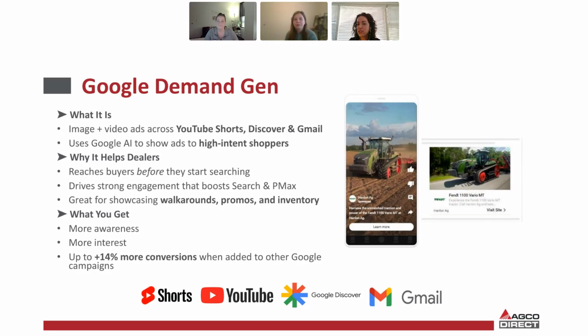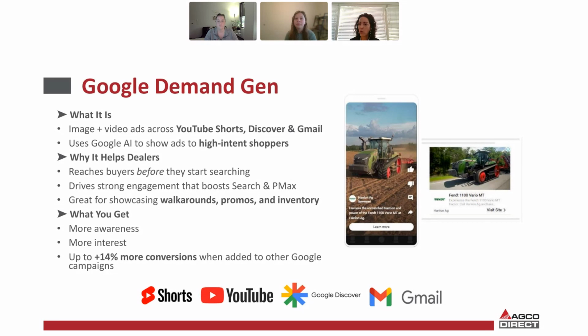It's image and video ads across YouTube Shorts, Discover, and Gmail. It's kind of similar to Google Responsive Display, but it uses different placements. It's more video focused, as you probably hear us talk about often in meetings and here around AGCO Direct.